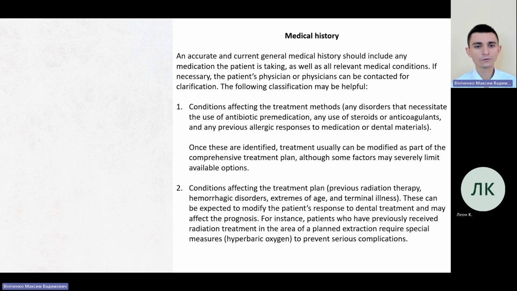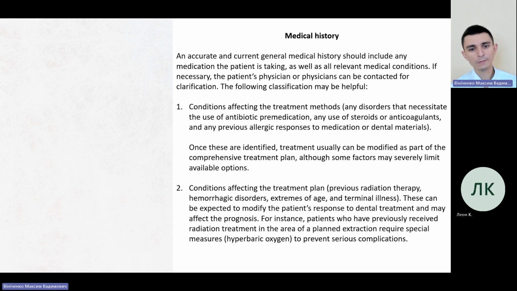First, conditions affecting the treatment methods: any disorders that necessitate the use of antibiotic premedication, any use of steroids or anticoagulants, and any previous allergic responses to medication or dental materials. Once these are identified, treatment usually can be modified as part of the comprehensive treatment plan, although some factors may severely limit available options.